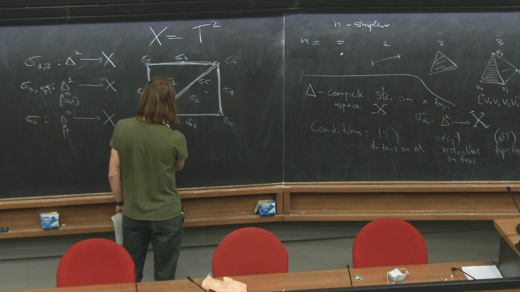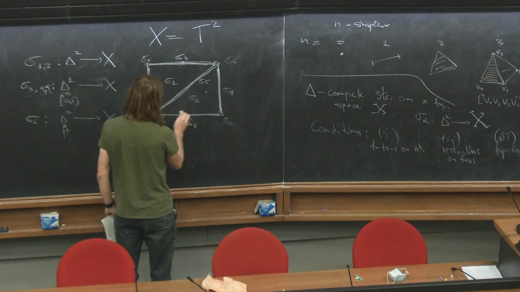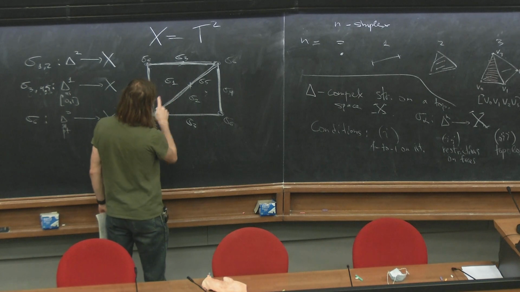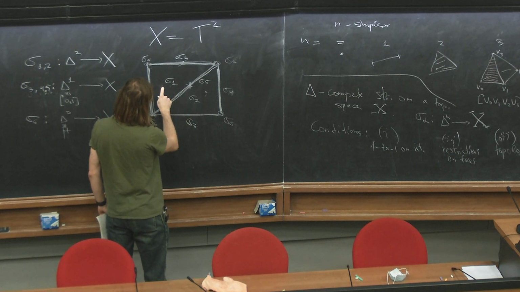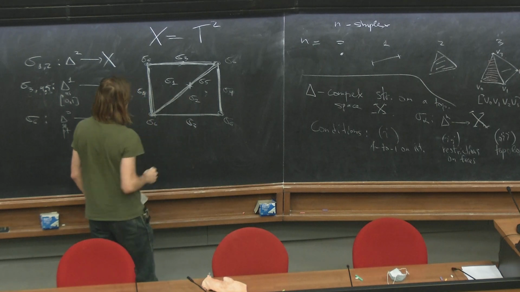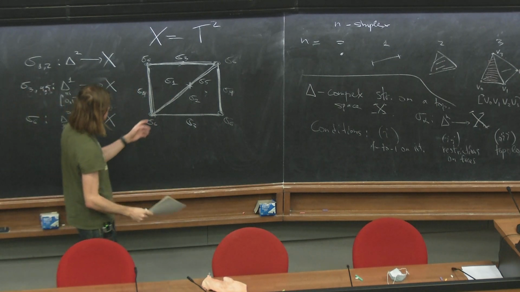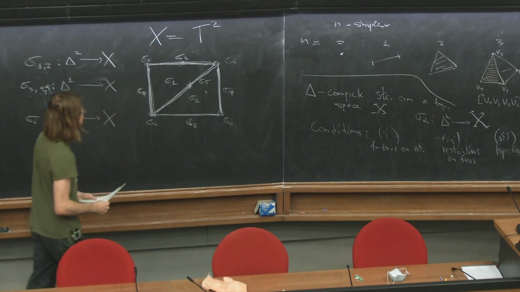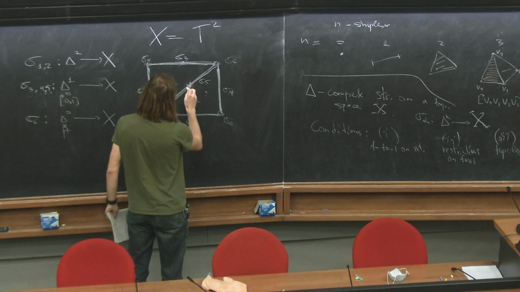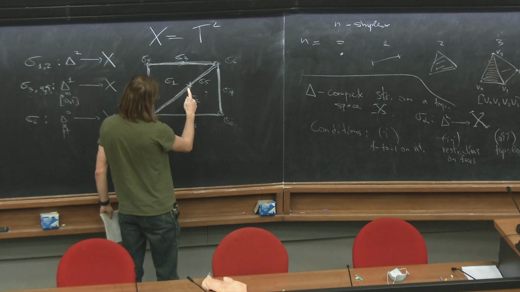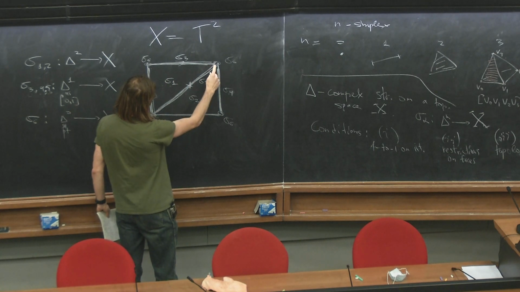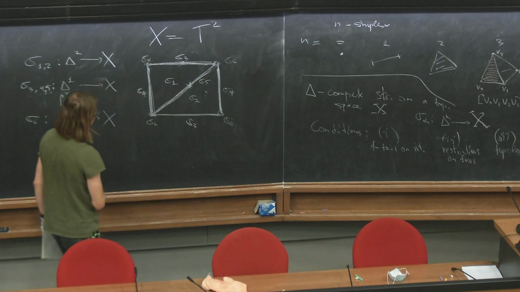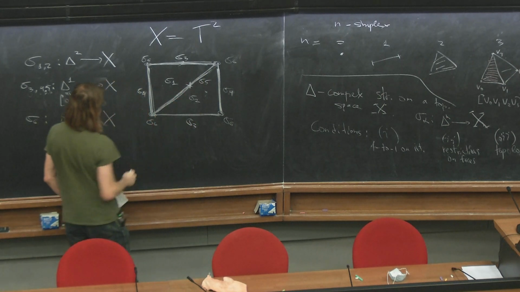They're not necessarily one-to-one outside of the interior, for example, because this point belongs both to the image of sigma 1 and sigma 2, but it doesn't come from the interior of the corresponding 2 simplices. But it is an image of a point in the interior of a 1 simplex, which is mapped to this diagonal under sigma 5.